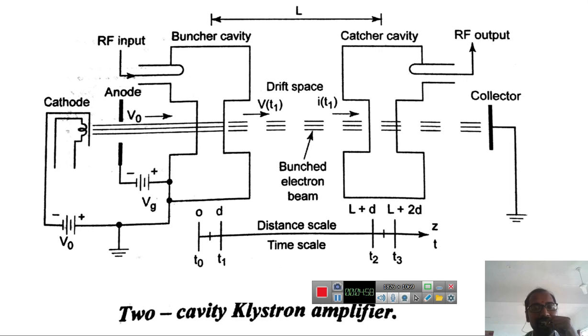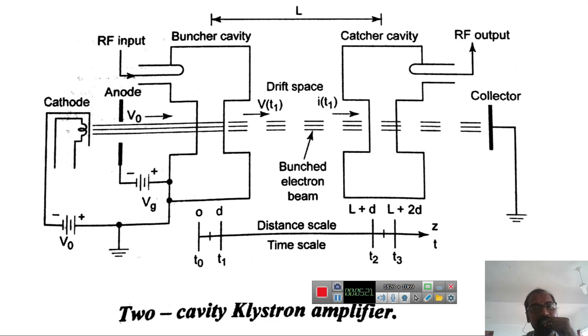And when the RF input is at the zero position, at zero time period, there is no change in the electron velocities. Due to these actions, electron bunches are created in the drift space. That means when the positive half cycle, the velocity will be increased.